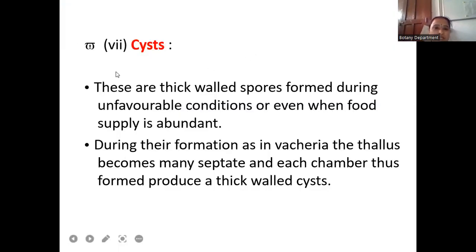Coming to the next, cyst. Thick-walled spores are called cysts. These form when unfavorable conditions are there, or even when food supply is abundant. In Vaucheria, the thallus normally has no septa, but here many septa become formed, and each chamber produces a thick-walled cyst.